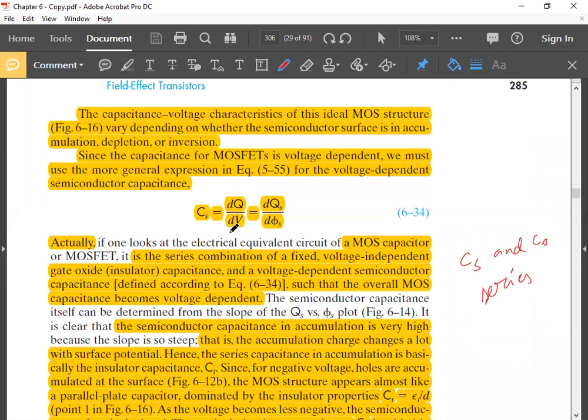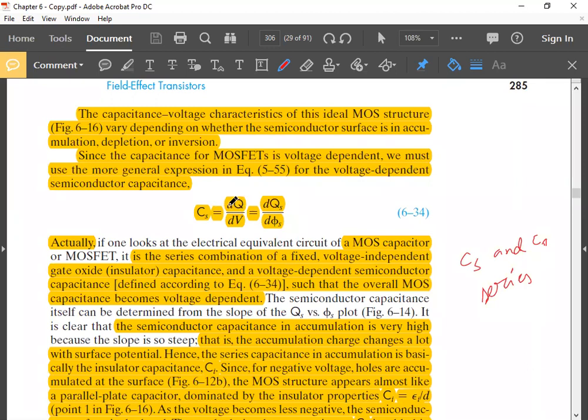So a more general equation of capacitance has to be used, dQ by dV, not Q by V. Q by V is applicable when capacitance is constant. Q is proportional to V, Q equal to CV, where C is a proportionality constant. So when capacitance is constant, that means Q is a linear function of V. You can use that equation, but here Q is not a linear function of V.